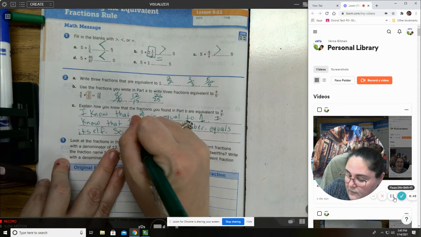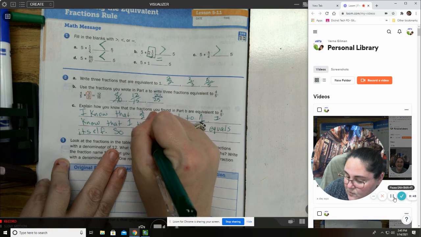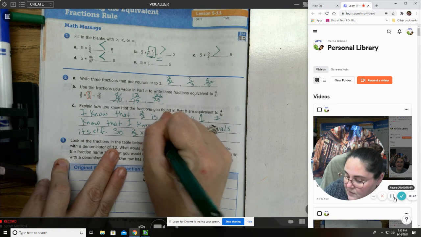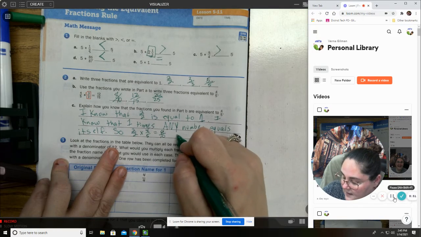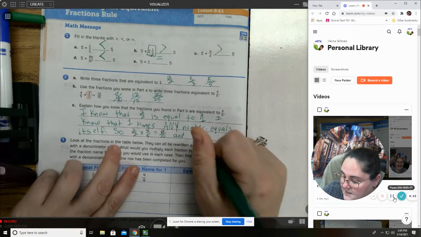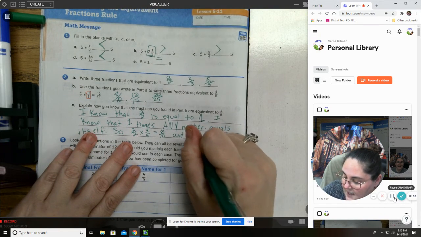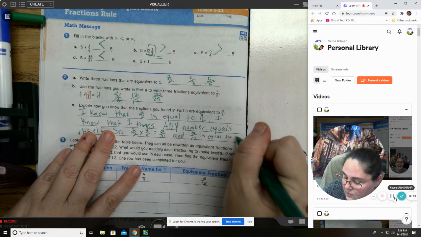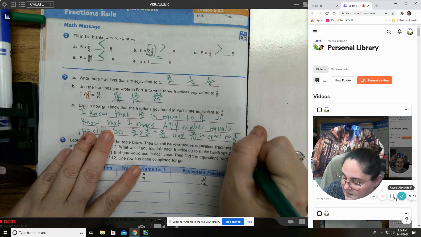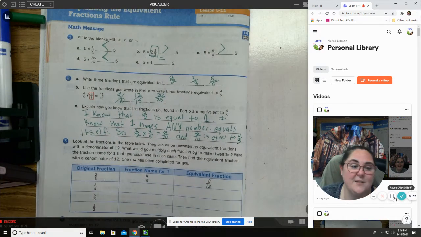So 2 over 2 times 4 over 5 equals 8 over 10. And 8 over 10 is equal to 4/5. That's what I would do.